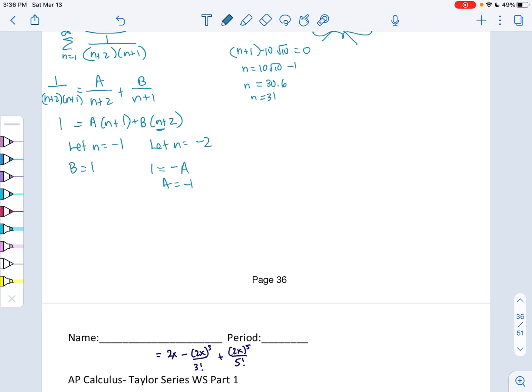Once we get all of that done, we're going to plug that back in and say that the series can also be rewritten as 1 over n plus 1 minus 1 over n plus 2.